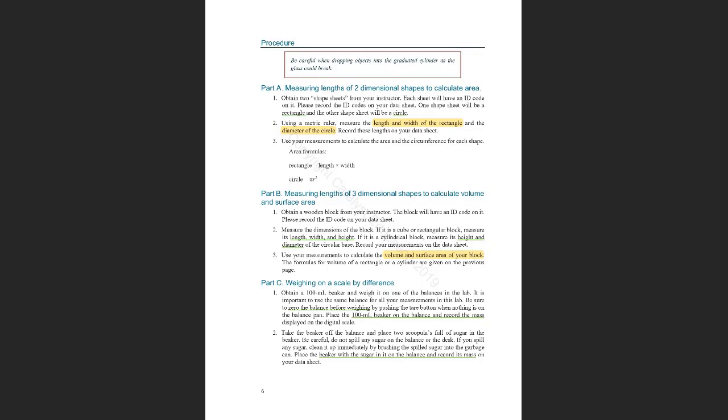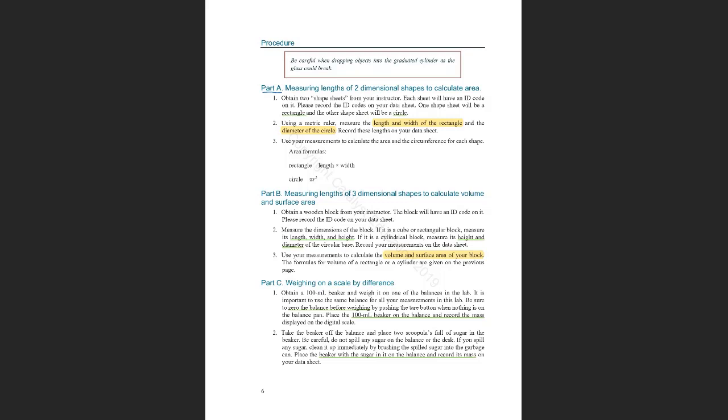So here, part A, basically, all you have to do is measure the length and the width of a rectangle. And obviously, it's going to be given because you are not going to the lab. So all that data is going to be given. So all you have to do is calculate the area of that rectangle and express it with the correct number of sig figs.